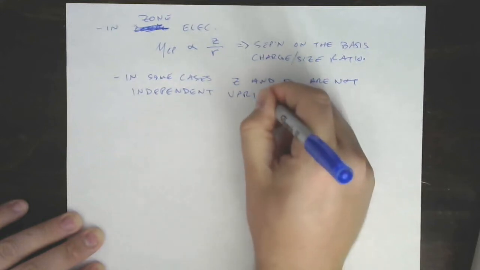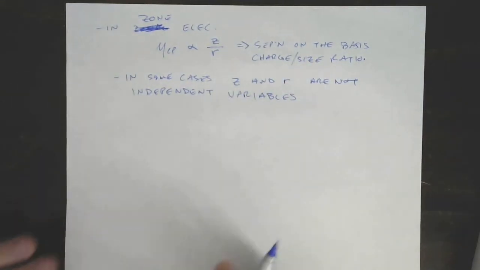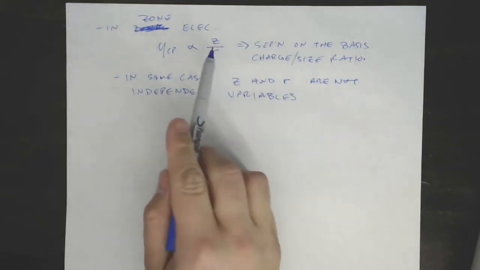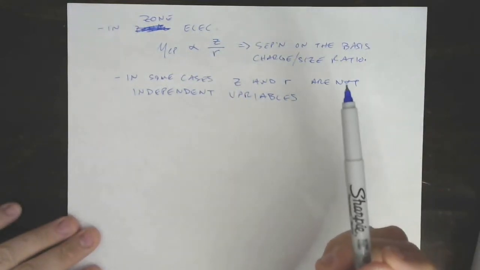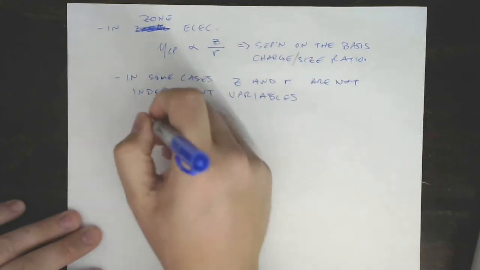They rely on each other. And that means that as one changes, the other changes, and you can get in a situation where there's a very narrow range of ratios, or no range at all, one value of ratio that you can get out of different sizes and charges. Let me show you a classic example, right?